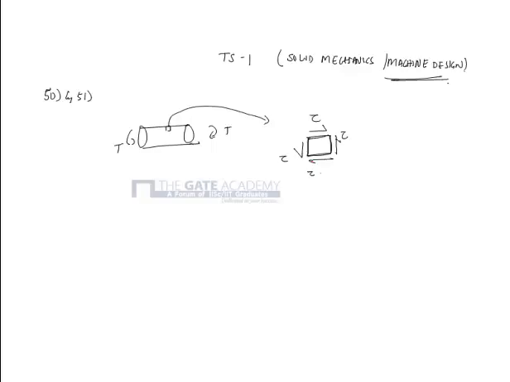The value is already given, so you need not find the shear stress based on torque. And the yield point, let me denote it by sigma y, is given as 435 Newton per mm square.